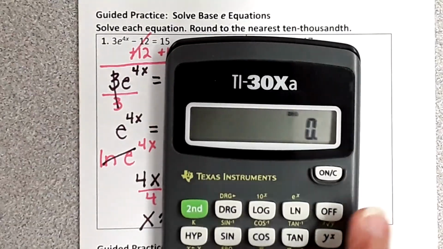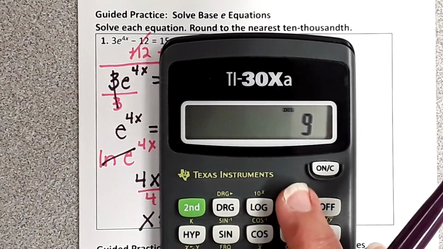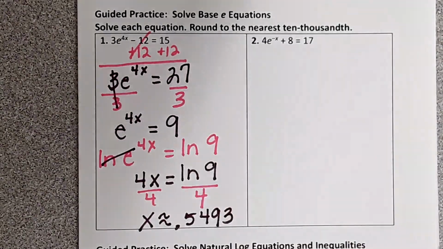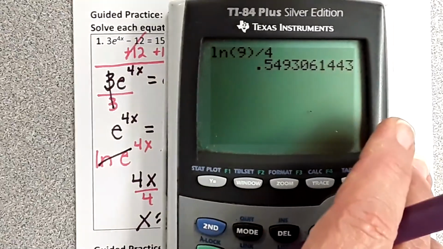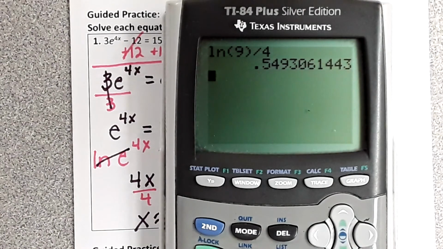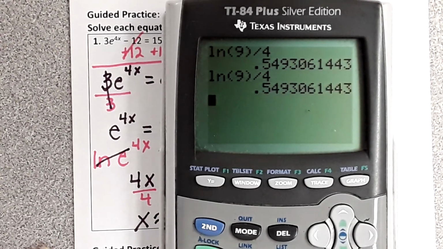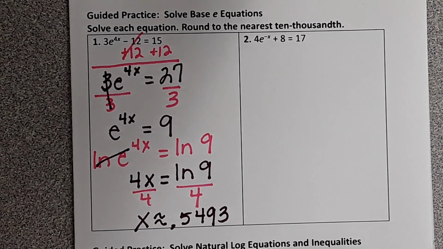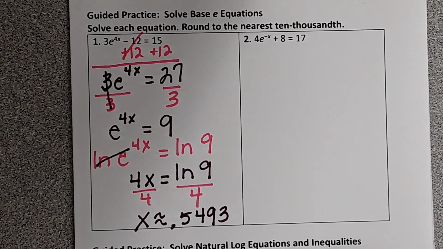On this calculator, I would do 9 ln, then divide by 4. On my graphing calculator or the other type of calculators, it would be ln 9 divided by 4. And you get the same answer. What questions do you have?